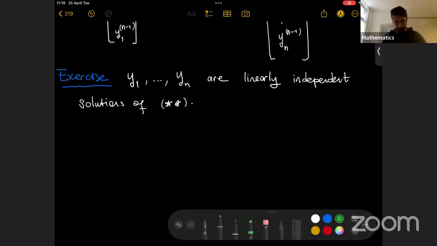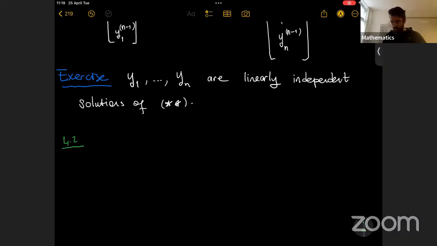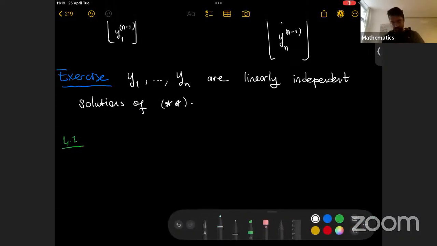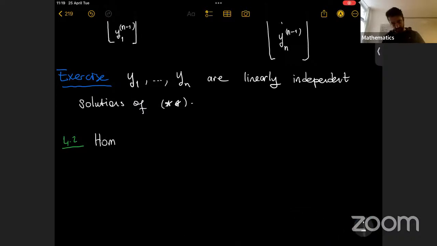4.2 now. So this is about the homogeneous equations with constant coefficients.